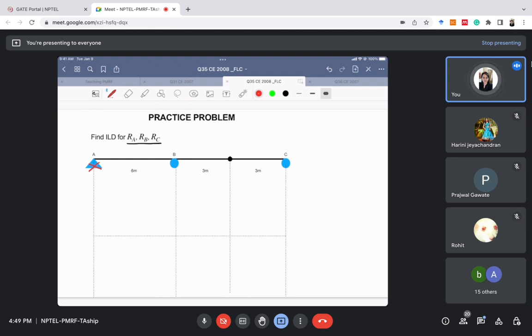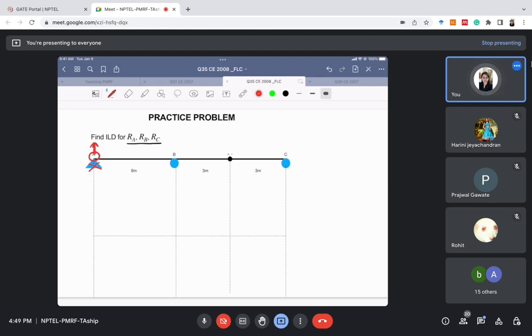The second step is to apply the unit load, or apply the unit displacement, at point A. So I'll take this point A and move it upwards. Imagine a bar which is kept over the support like this, which has a hinge like this. Then I'll pick this point A and push it upwards.